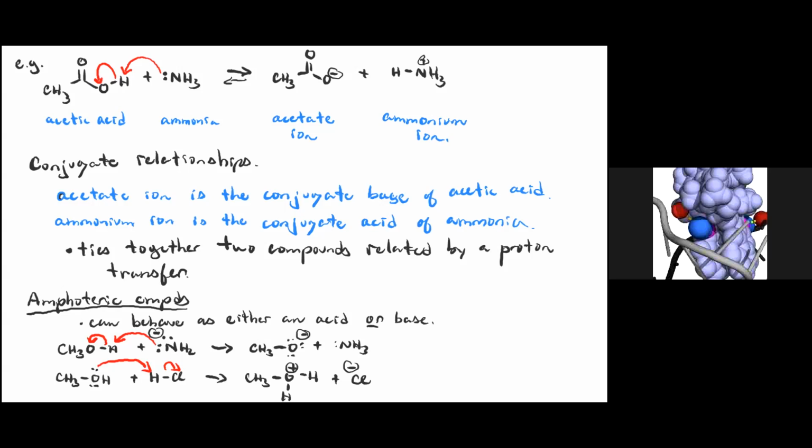So in the first reaction, the methanol is behaving as a Bronsted acid, and in the second reaction, the methanol is behaving as a Bronsted base. In order to understand how a species is going to behave when it reacts with another reagent, you have to know quantitatively how acidic or basic it is. And that brings us into Ka's and pKa's and strengths of acids and bases. So let me move on to that here.